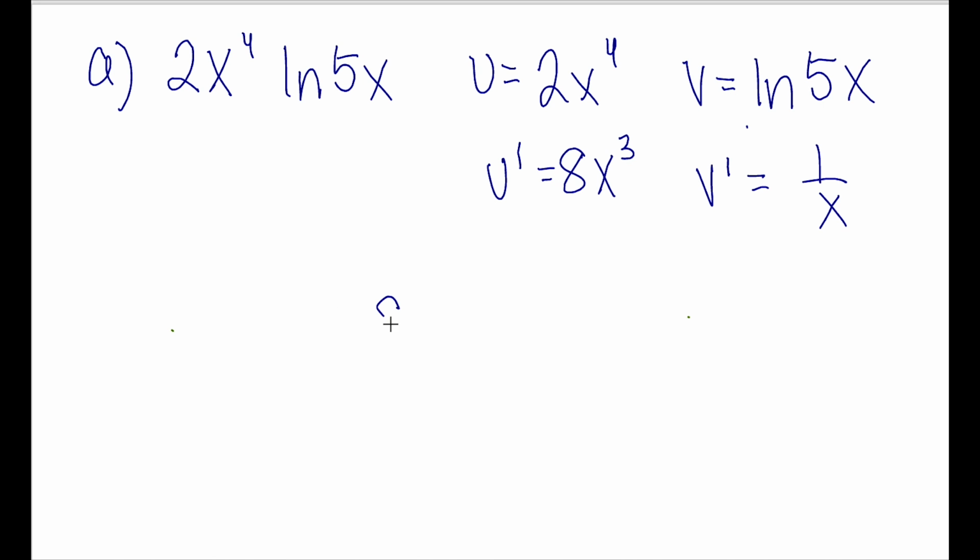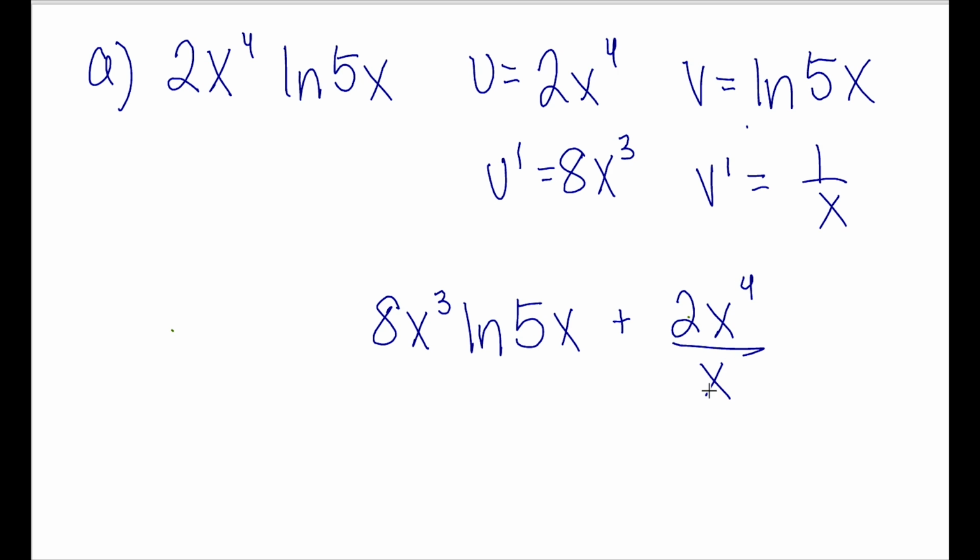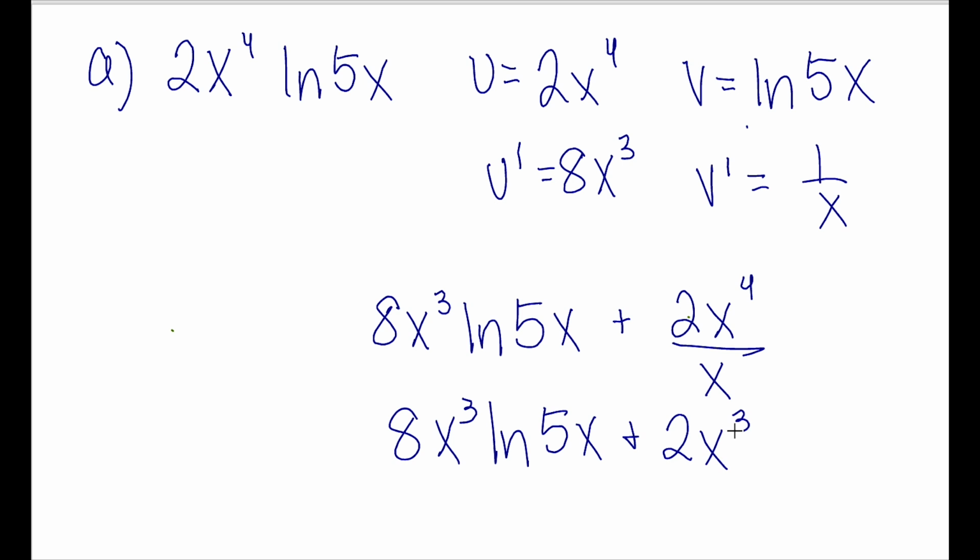So let's see, 8x cubed times ln of 5x plus 2x to the 4th times 1 over x, and we'll simplify: 8x cubed ln 5x plus 2x cubed, and that's the final answer.